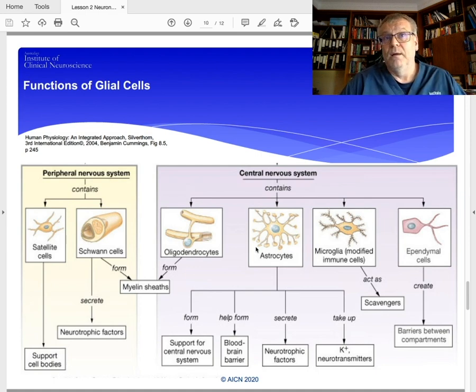One of the other functions of astrocytes is that they help reuptake or remove neurotransmitters from synaptic areas so that cells don't get overstimulated by these compounds, which is sort of all put together in the homeostasis of how the nervous system works.